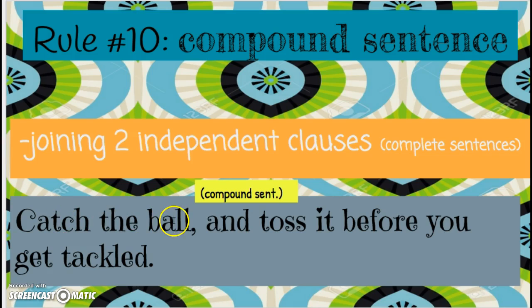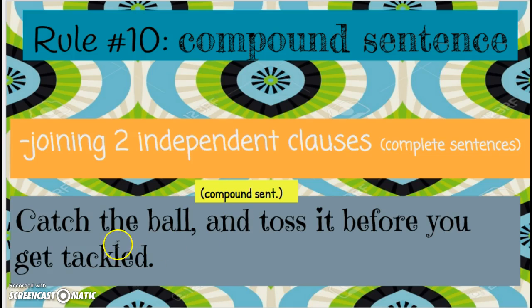So catch the ball can stand on its own. So I could put a period here and it would make sense. Now, when doing that, I can also continue on. Toss it before you get tackled. So toss it before you get tackled is an independent clause, it's a complete idea, and it stands on its own. Now, since those sentences are together, it creates a compound sentence, okay, those two clauses.